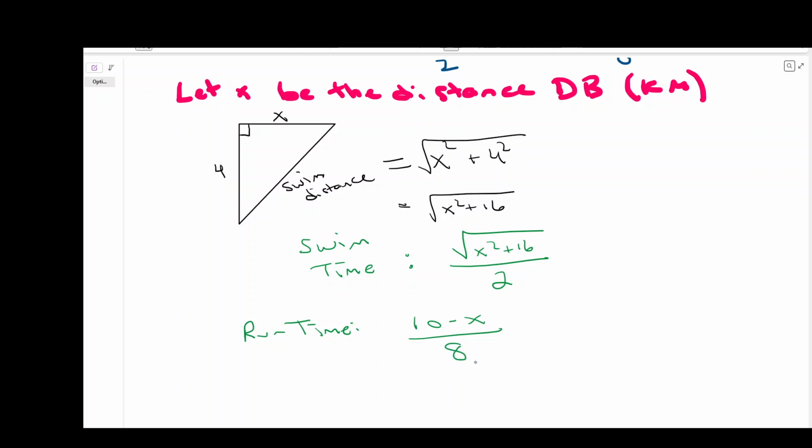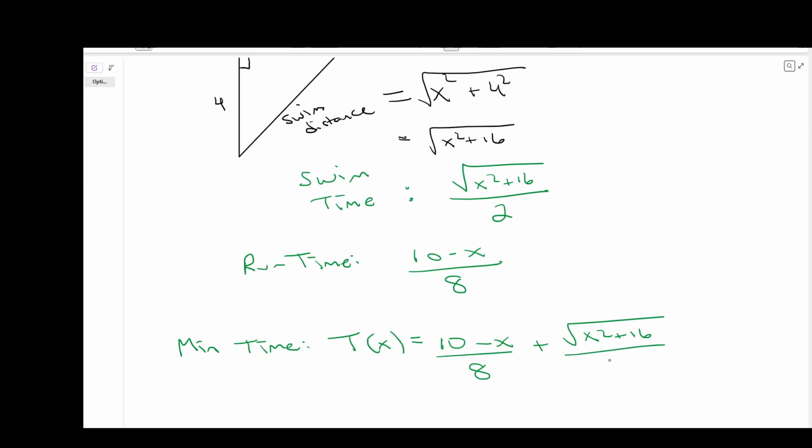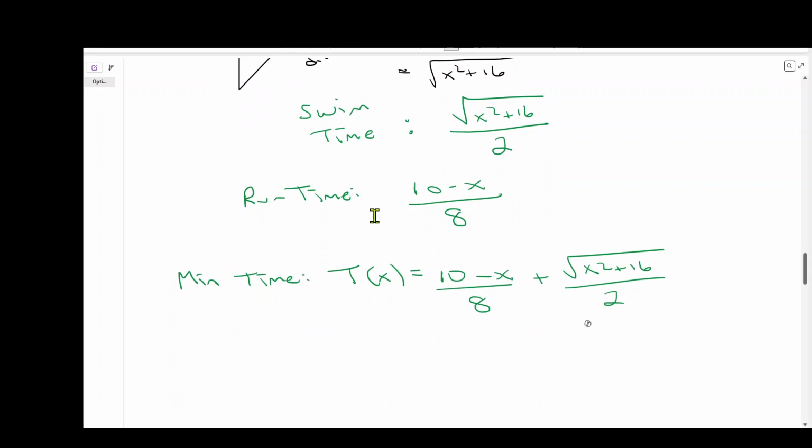So I have, in terms of x, all of my relevant times. So I can say that, again, my goal is to minimize time, and I can write a function for time. The total time is 10 minus x over 8 plus root x squared plus 16 over 2. Actually, I think I may have written it the other way, but doesn't matter which one goes first, I'm adding.